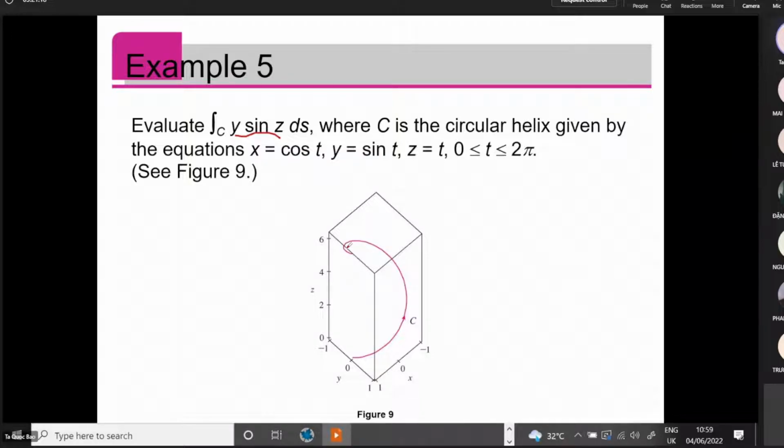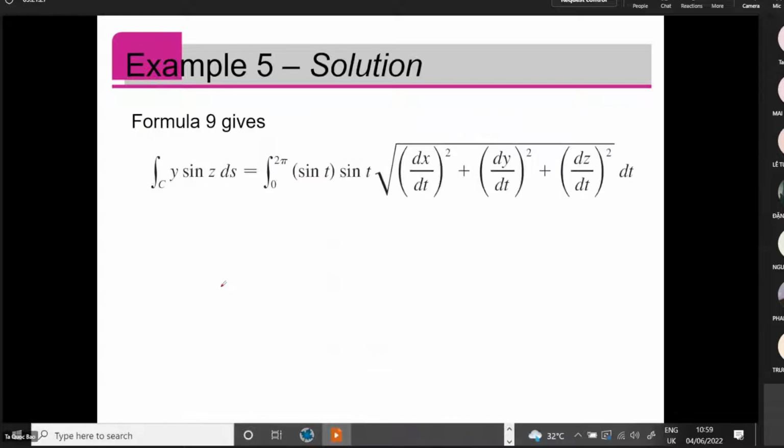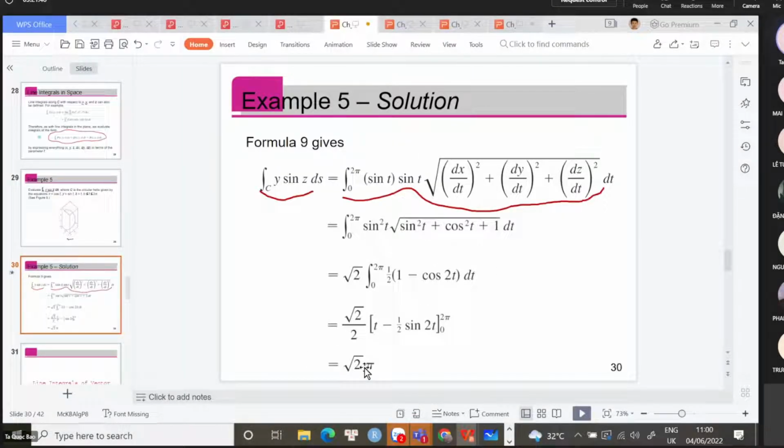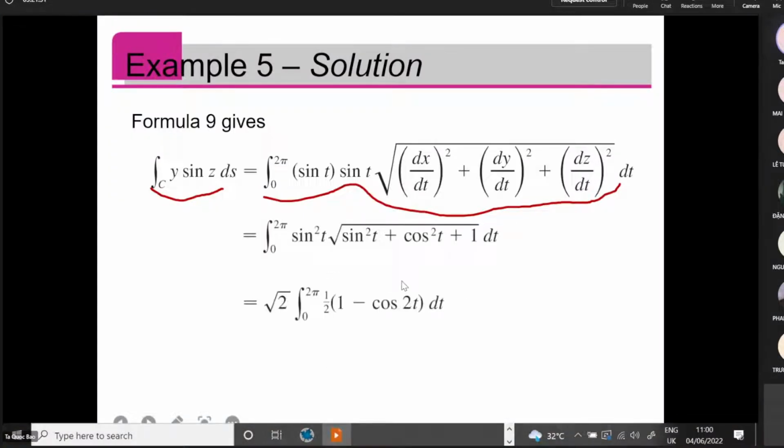So the curve C looks like this, with t from 0 to 2 pi. Now this integration becomes this integration. From here it's not difficult to calculate this integration. All right. So it gives us the result square root 2 times pi.